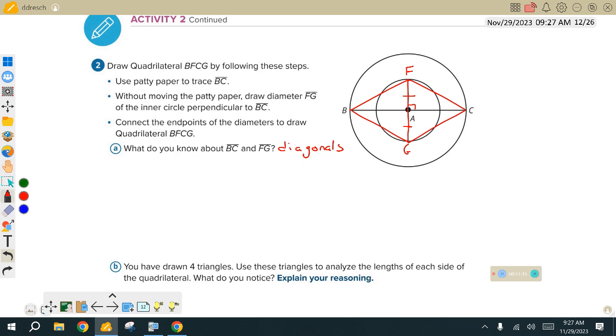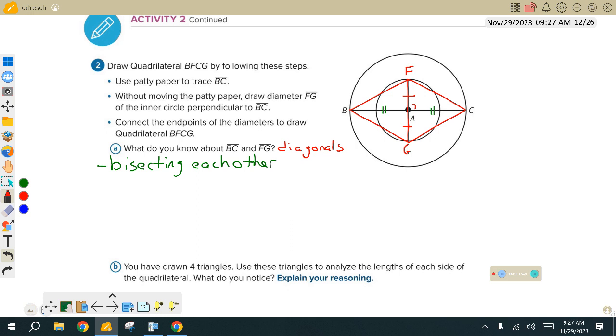Now, the follow-up question, and it should be an obvious answer: are the two diameters, the two diagonals, congruent to one another? No. But as Eva said, what are they doing to one another? They are bisecting each other. And what else are they doing?